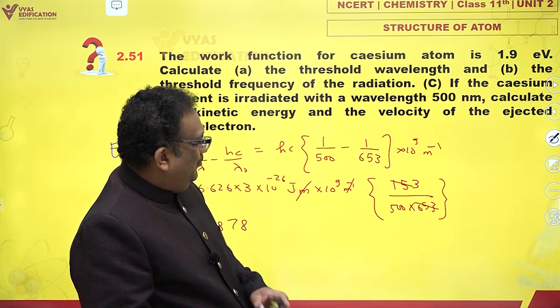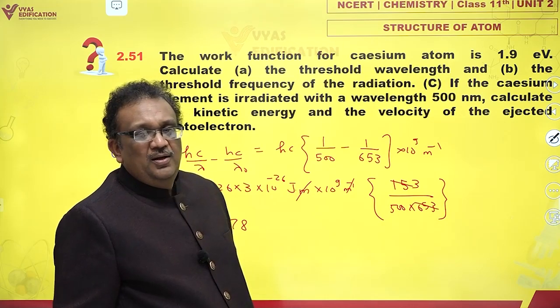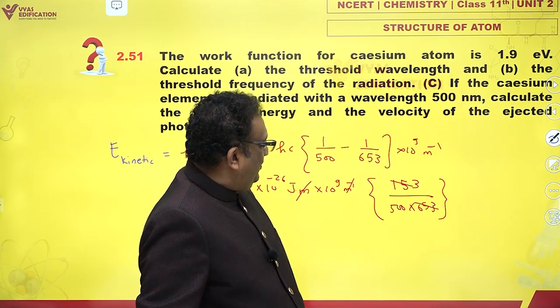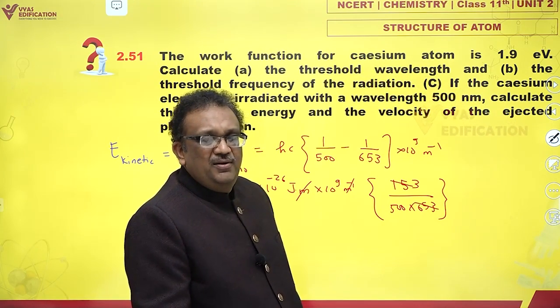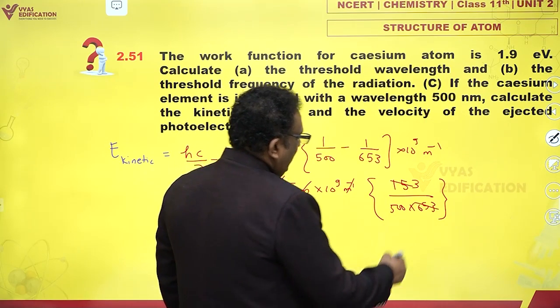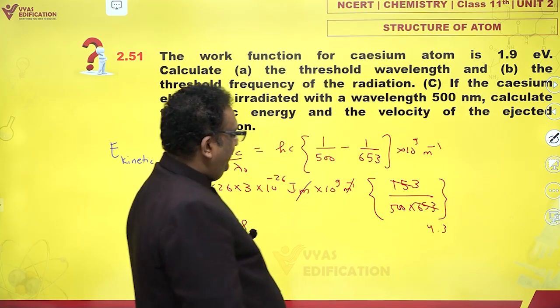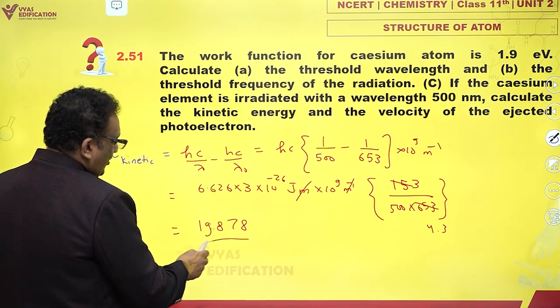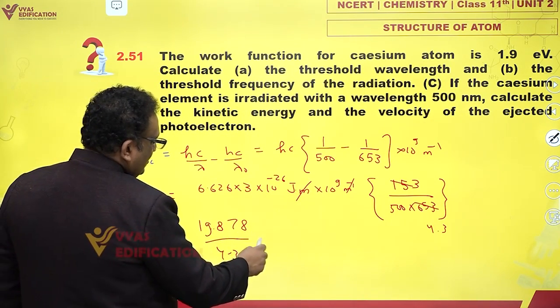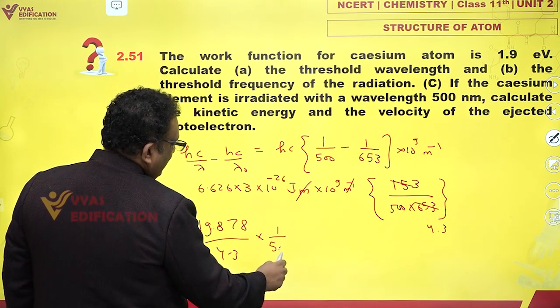Around 41 more than that, 41. Now, this is 0.3 times roughly. So this would be how much? 4.3 around roughly, by around 4.3. And of course, that 500 is very much there.